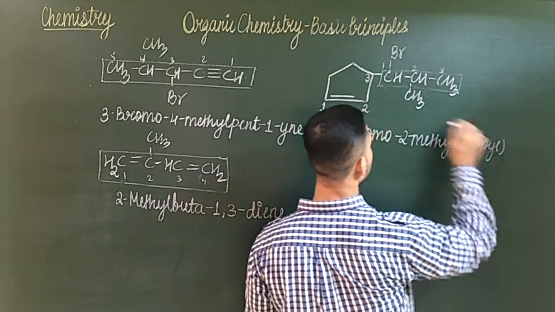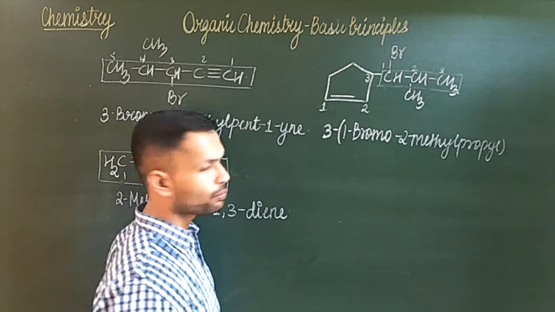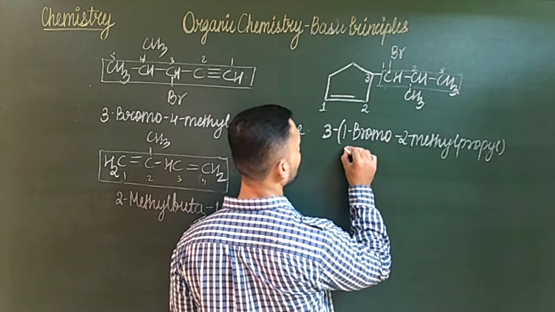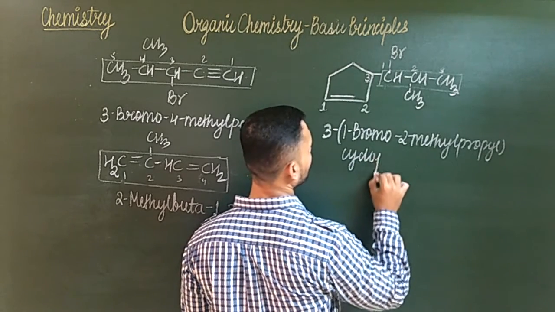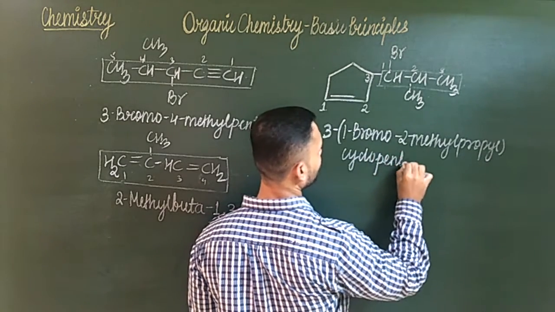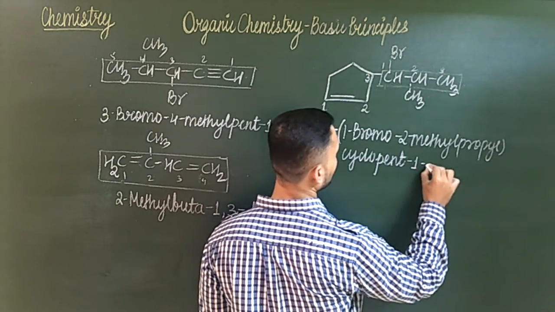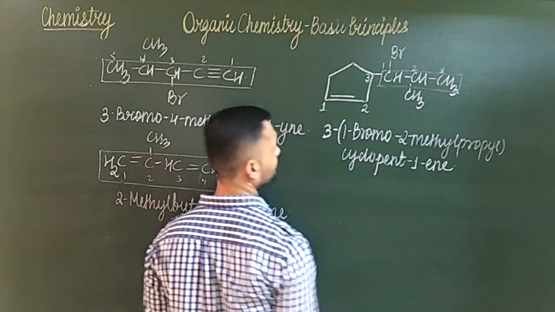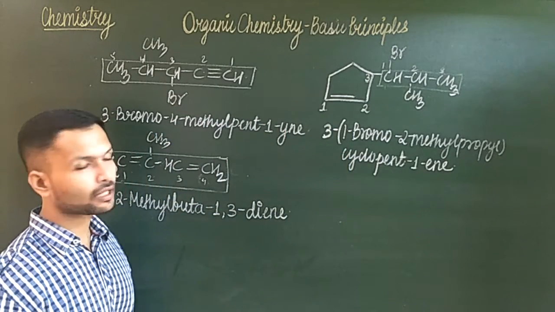This is the name of this substituent: 1-bromo-2-methylpropyl, bracket close, and continue writing. So this is the primary prefix cyclo, this is the root word pent, then it should be mentioned as 1-ene, the number should be mentioned over here. So the name of the following compound goes this way.